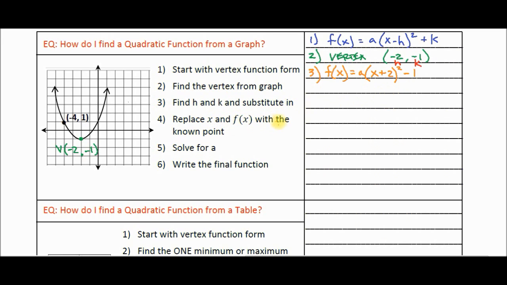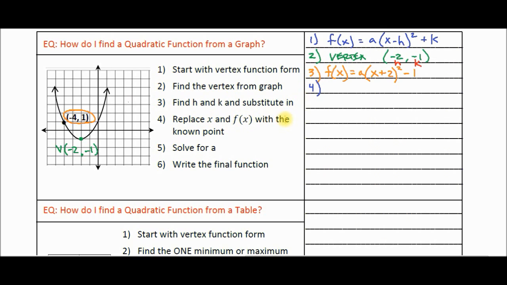Step number 4, replace x and f of x with the known point. They gave us a known point on the parabola. It's at -4, 1. Okay, so this is step number 4.